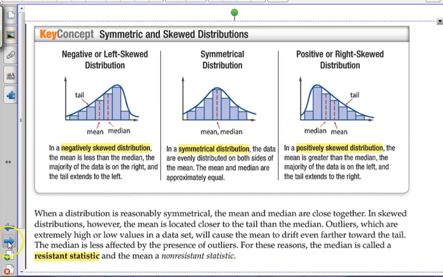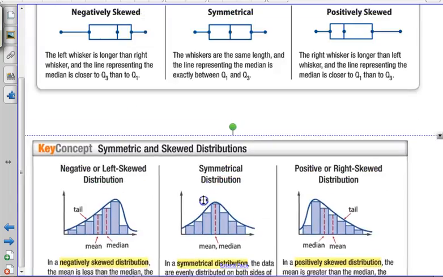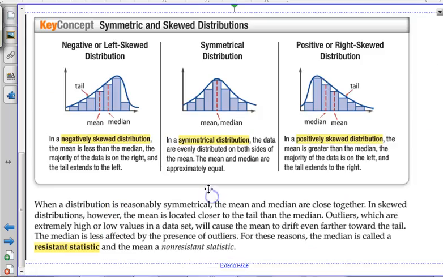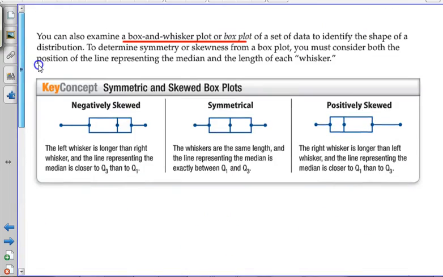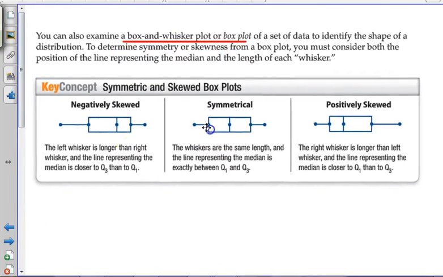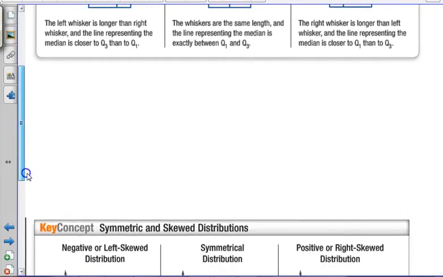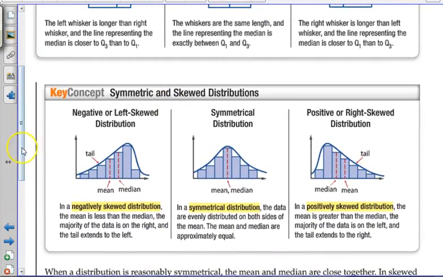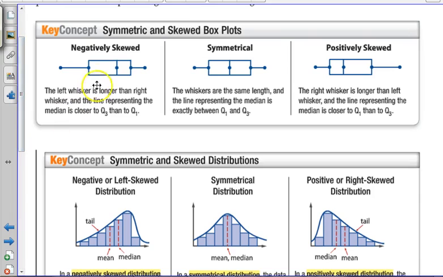The median. So today we're going to talk about box plots some more. And on a box plot, this means the left whisker is going to be much longer, okay?